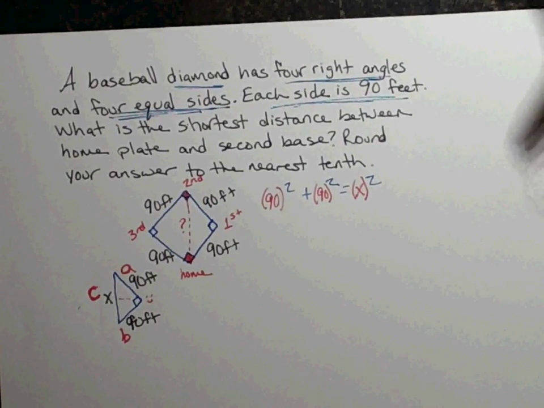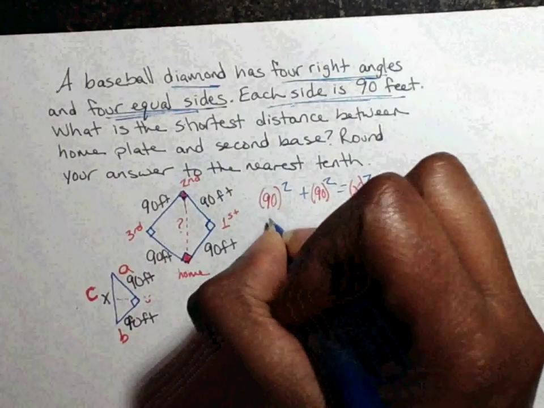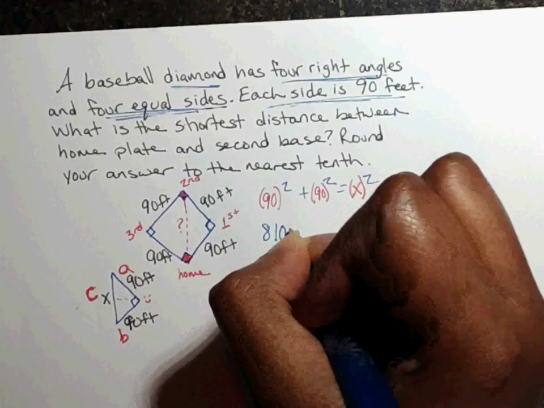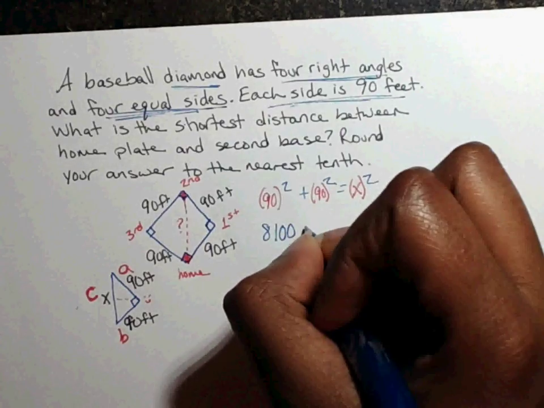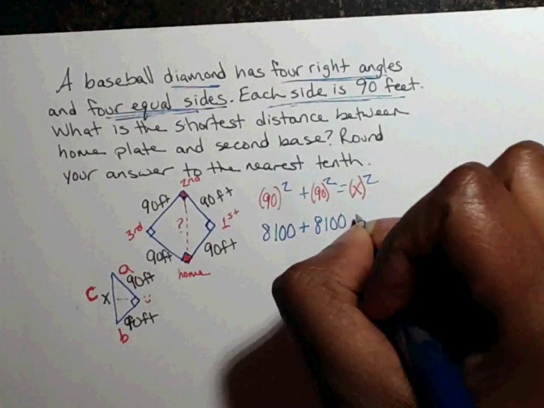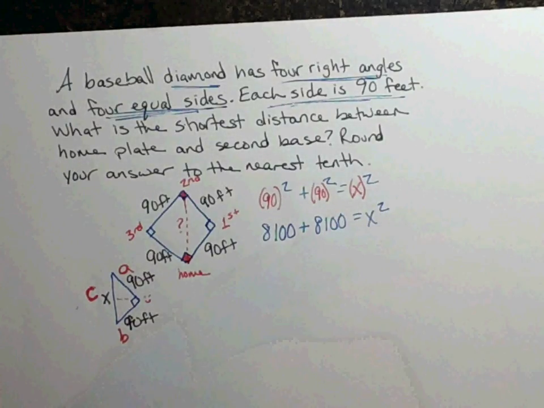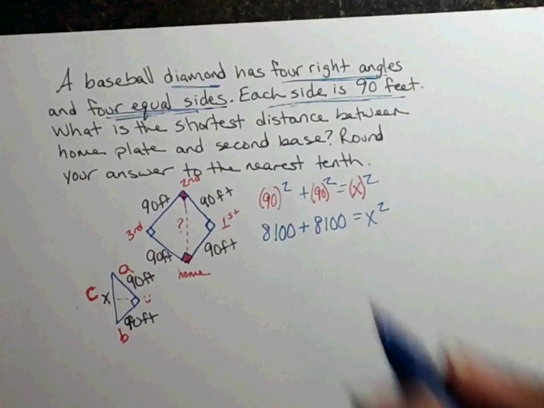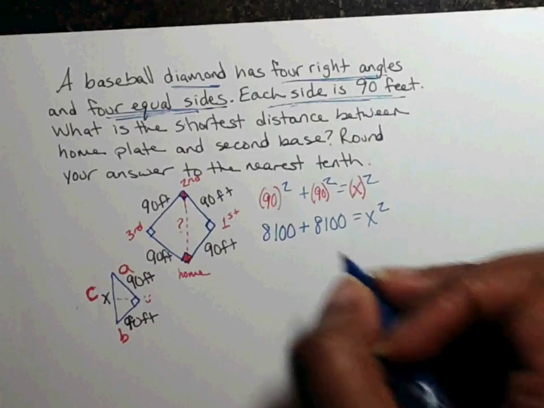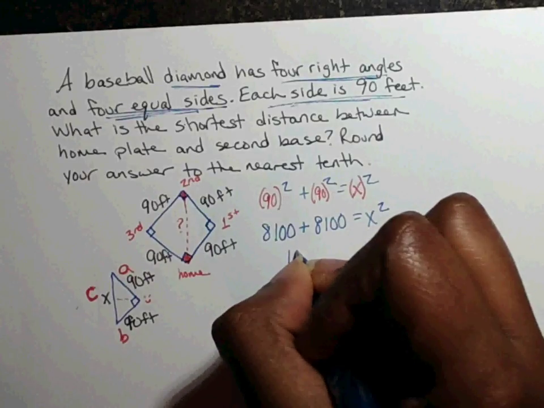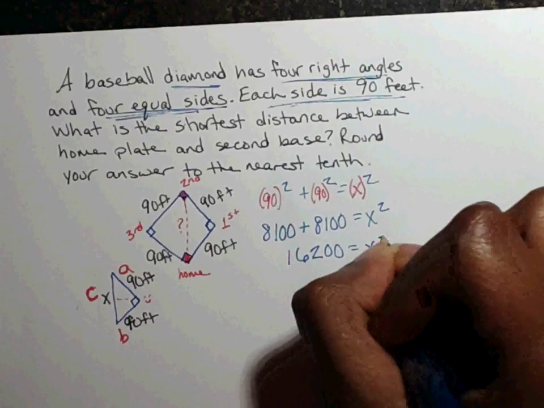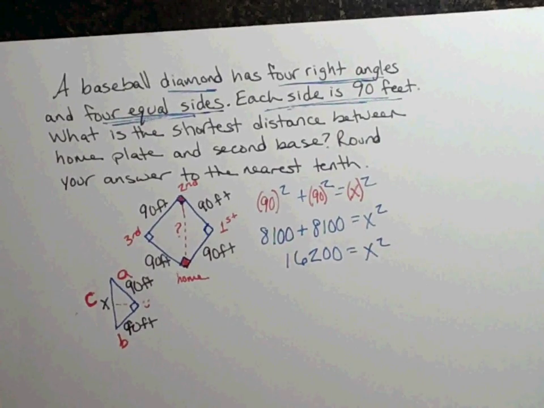So 90 squared is 9 times 9 is 81, and then I have 2 zeros, plus another 90 squared, so plus another 81 with 2 zeros, equals x squared. Put this together. 81 plus 81 is 162. 2 zeros.